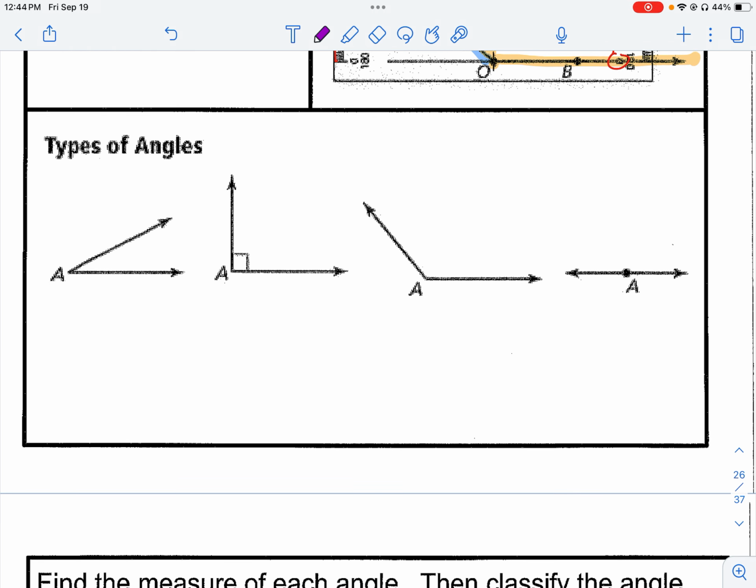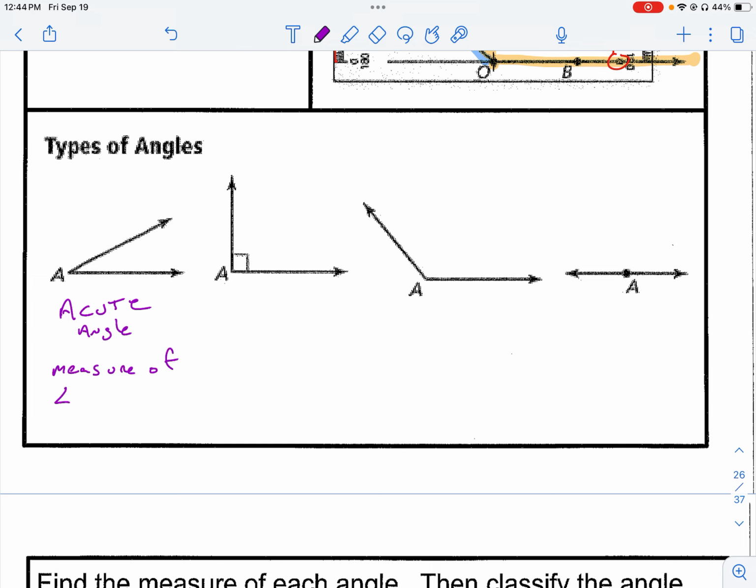Now we've got angles, we know how to measure them, we know about the measure of them, so let's go ahead and classify them. The first one is an acute angle, and it has a measure of less than 90 degrees.